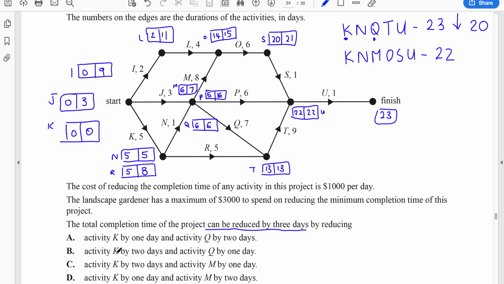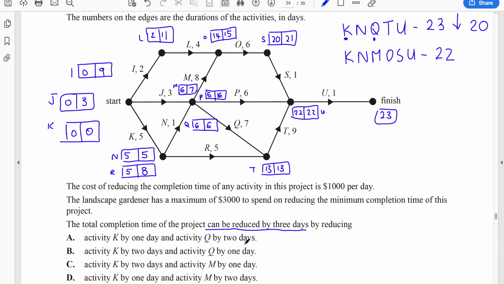If we do 2 off Q and 2 off K and 1 off Q, that will also bring that down to 20. The reason one of these, or both of them, is going to be incorrect, because we haven't gone through them all yet, is that there could be another path that also needs to be reduced, or a different activity that also needs to be reduced.